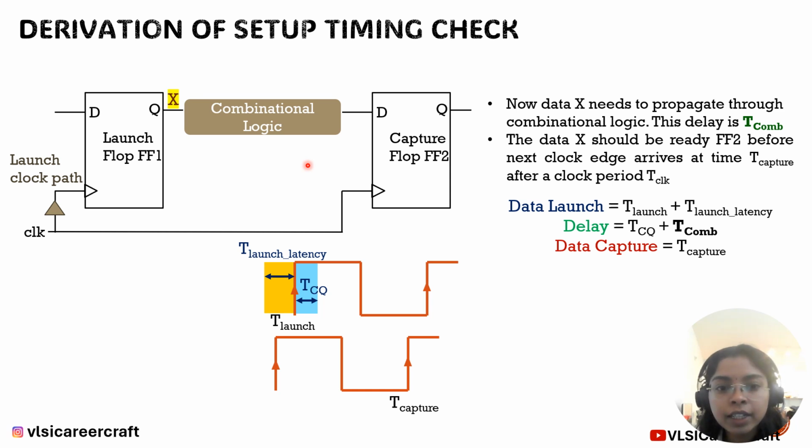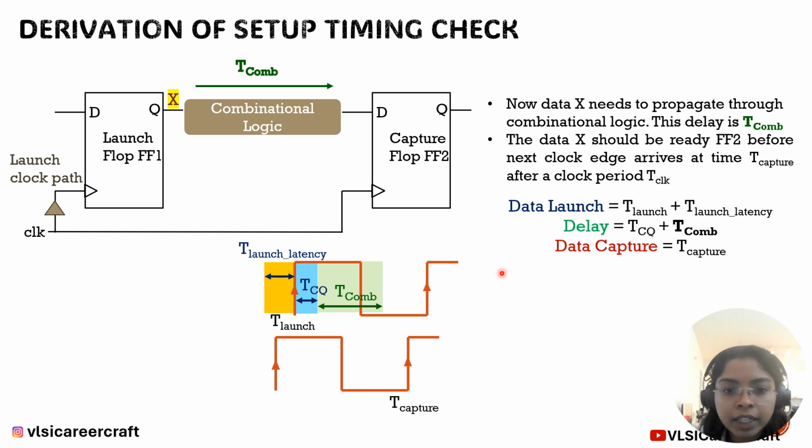So each logic gate contributes certain delay. So let's say the effective delay of the combinational logic is tcom, and this delay is added to the delay part of this equation. So we have the additional delay of tcom.